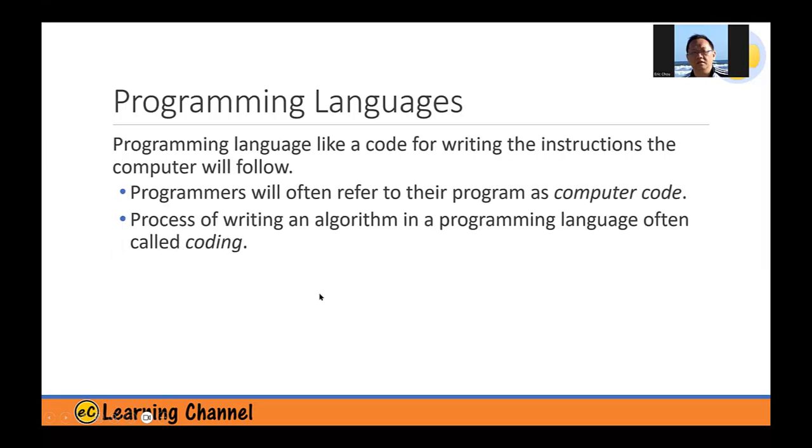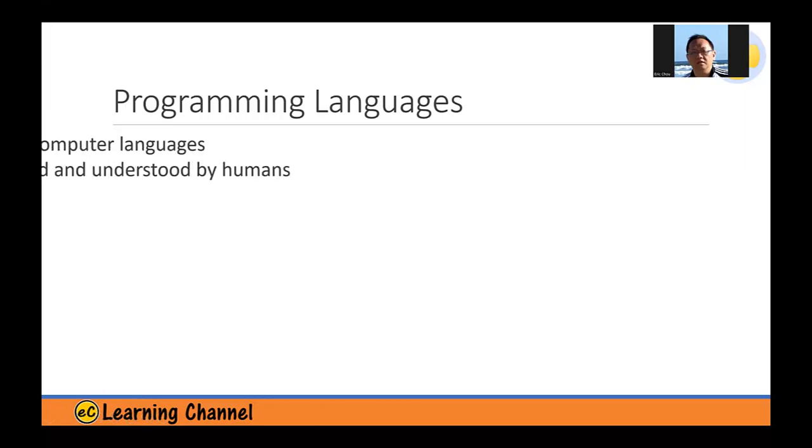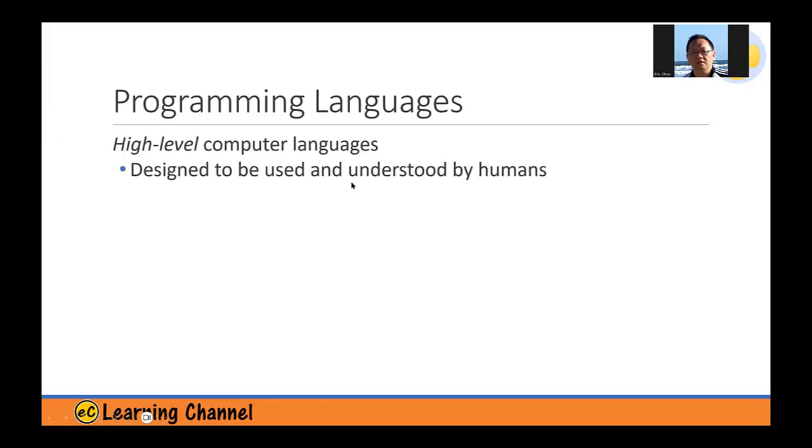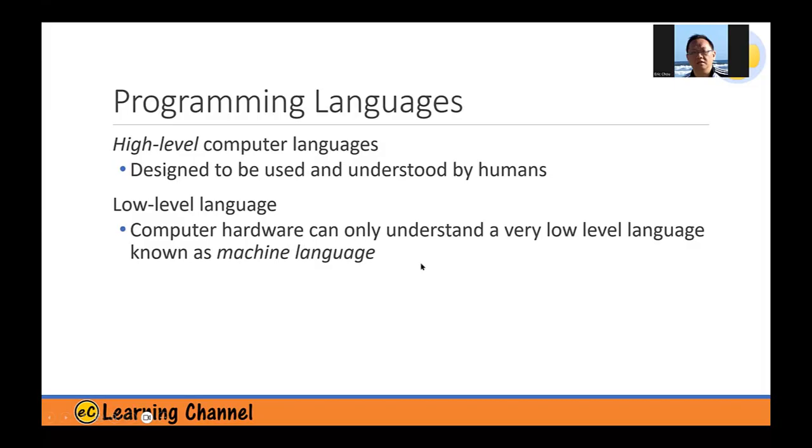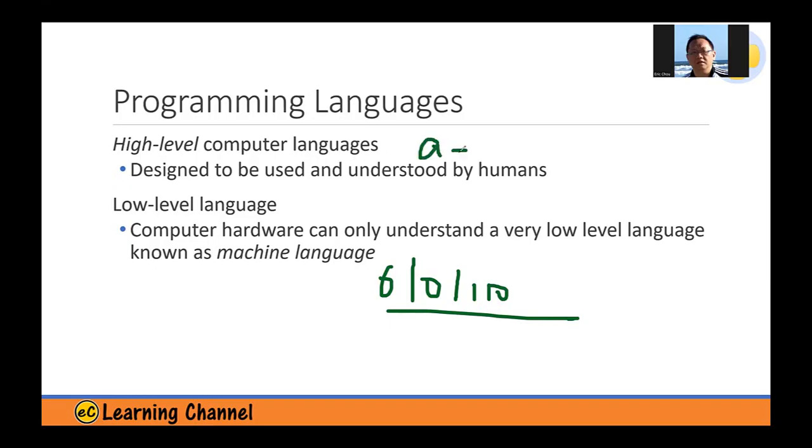So Python is a high-level language, and machine code is low-level language. Machine code is basically binary 0110, this kind of binary code. High-level language is the Python language that we know, A equals 3. Okay, these are the differences.